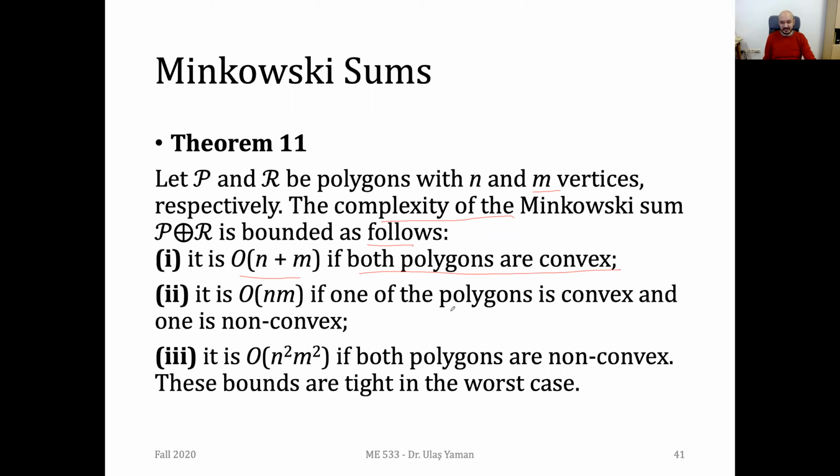But if one of them is convex and the other one is non-convex, then the complexity depends on the multiplication of the number of vertices of these two polygons. But if both of them are non-convex polygons, then the complexity is much more. We have n squared times m squared, which might be very time consuming. That's why we always prefer to work with convex polygons. Things will be much easier, and you can do the computation in shorter time.